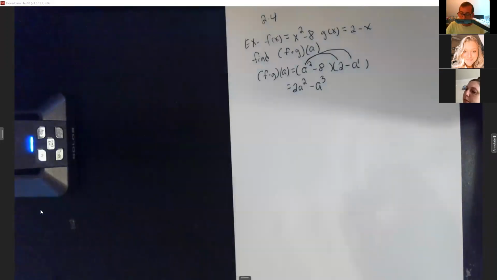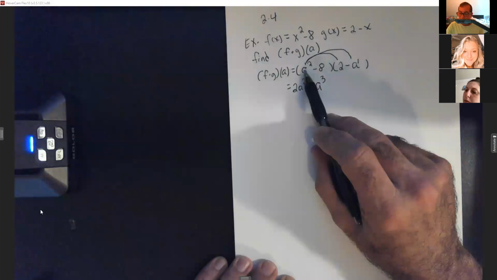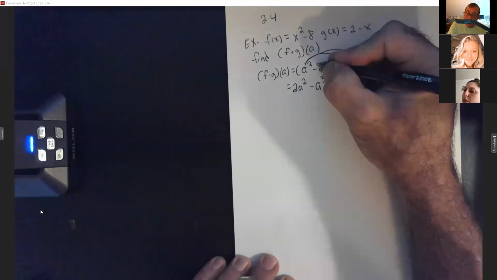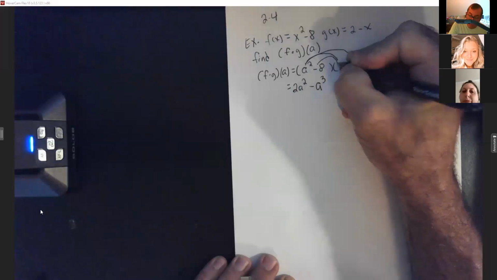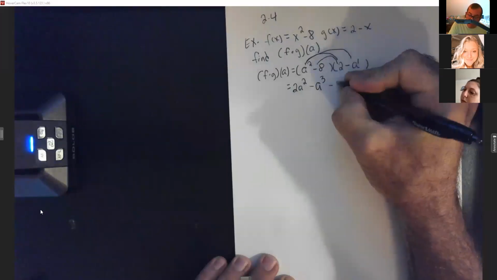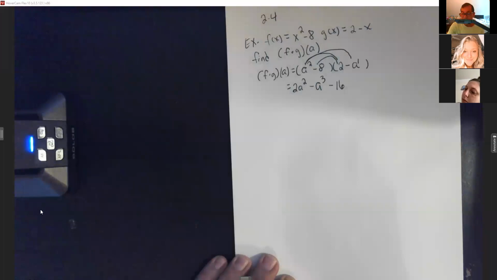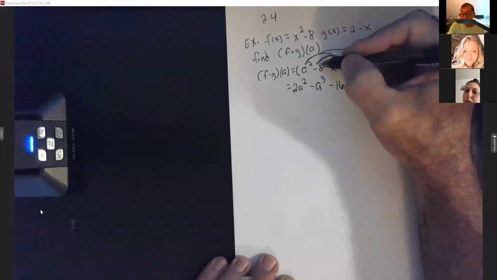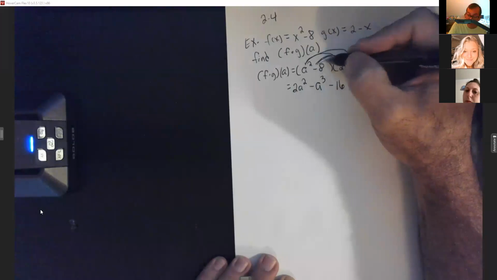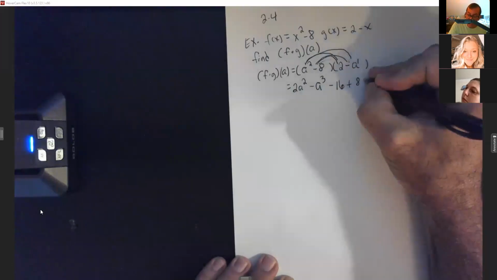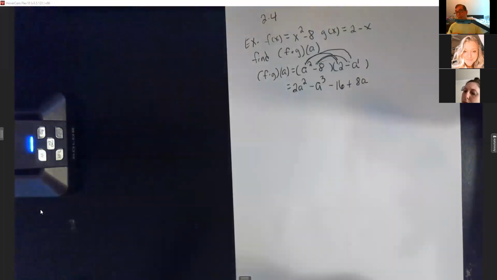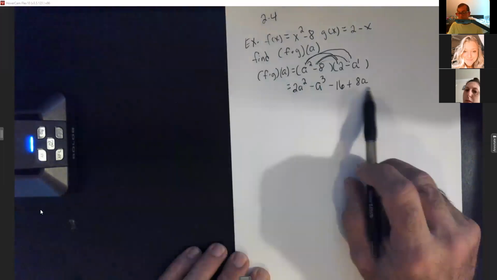All right, so I did the a squared times 2, a squared times a negative a. Now I'm going to multiply negative 8 times the 2. That'll give me a negative 16. And then negative 8 times the negative a gives me a positive 8a. So the only thing you could do at this point would be add like terms, but I have no like terms.